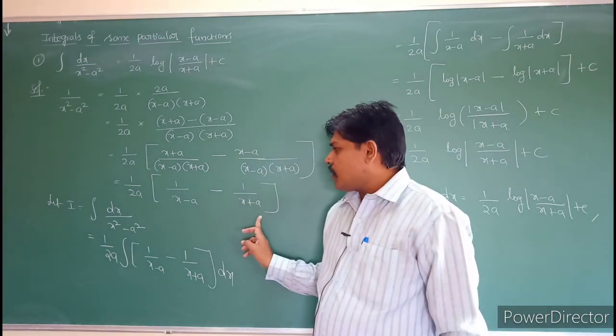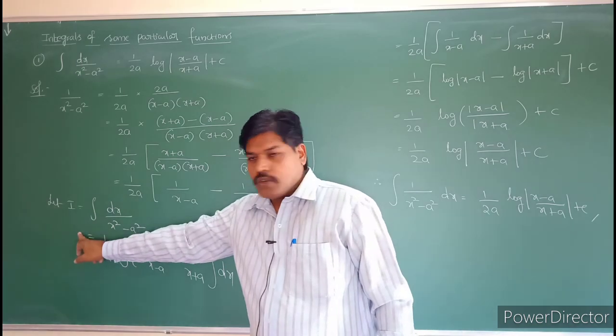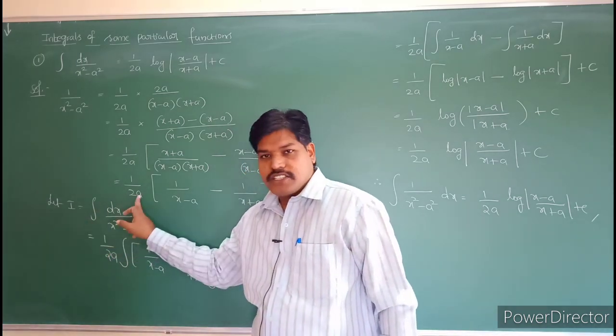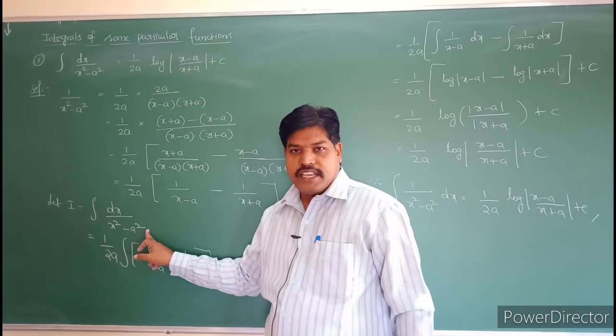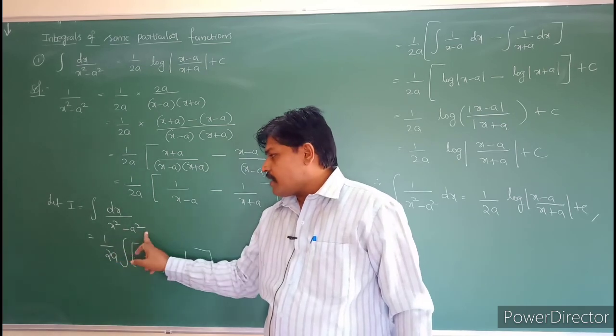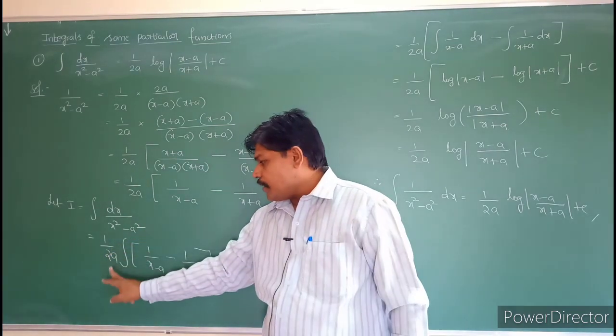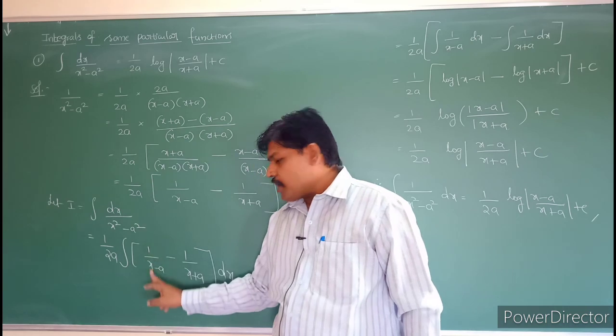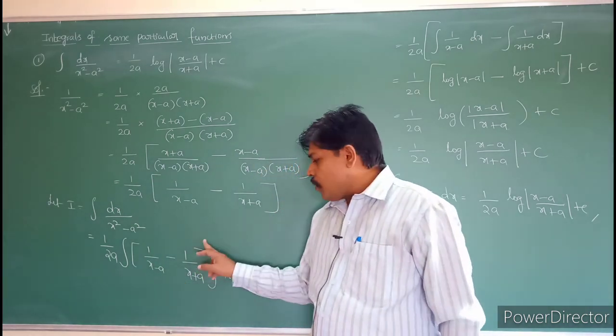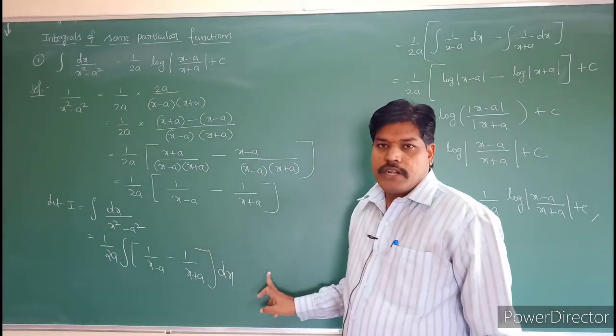So take I is equal to the integral of dx by x square minus a square, and replace the value: 1 by 2a into the integral of 1 by x minus a minus 1 by x plus a into dx.